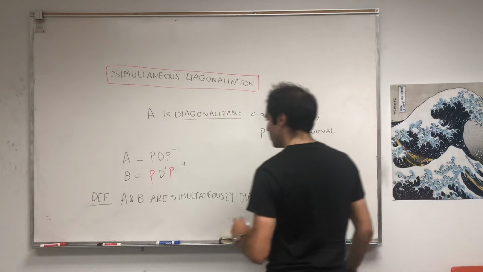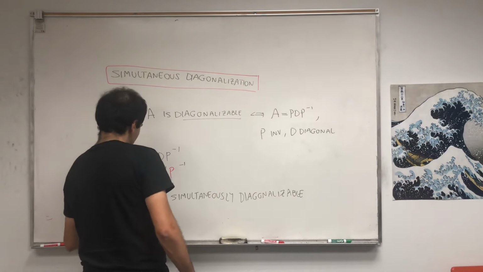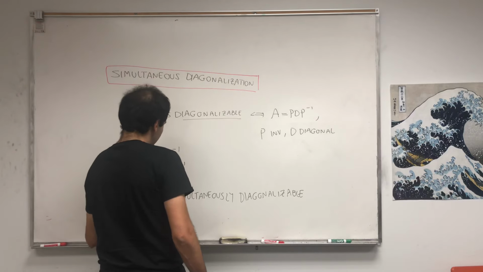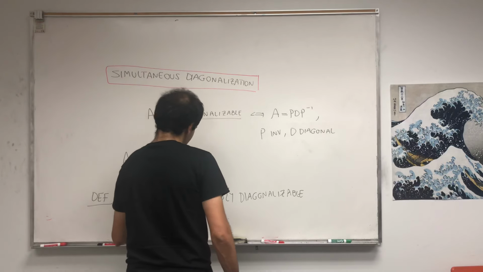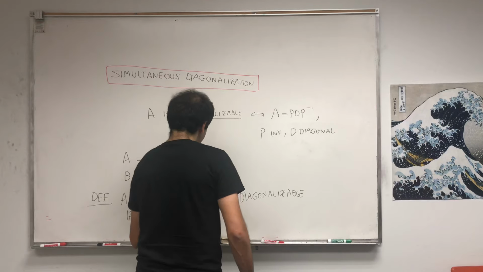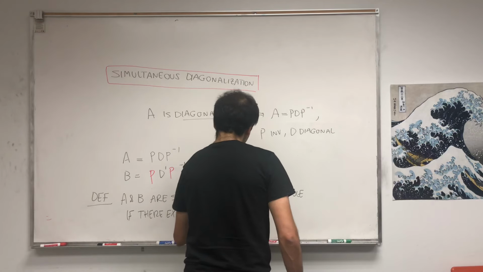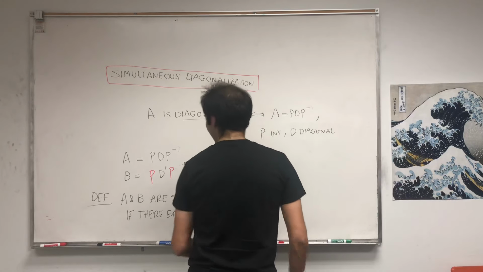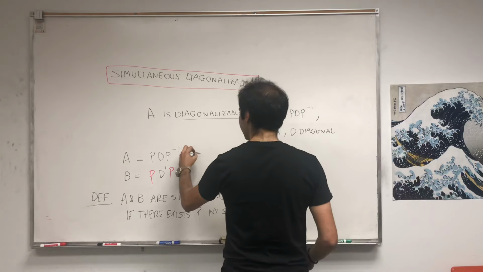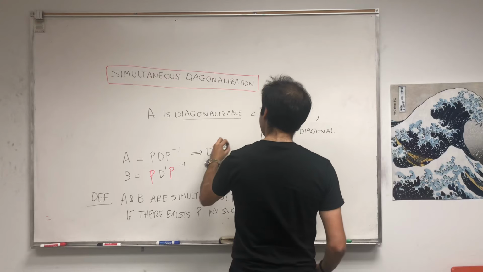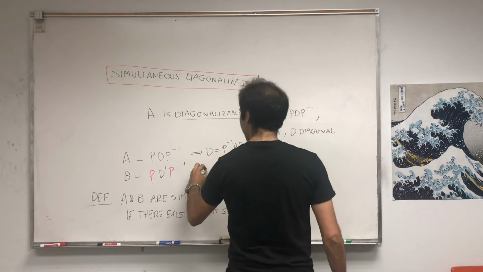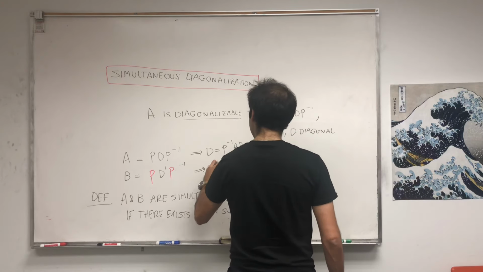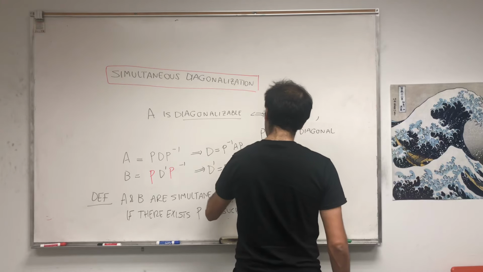If there exists P invertible such that, well, notice we can actually solve for D. D is P inverse AP, and D prime is P inverse BP.